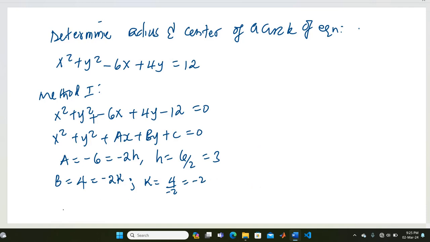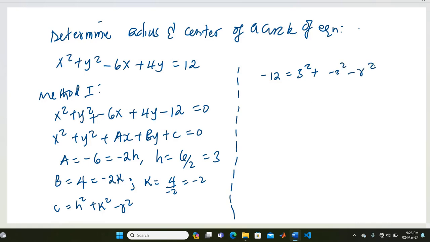What about c? We said c is equal to h squared plus k squared minus r squared. Now we already know c. Our c is negative 12. So I have negative 12 equals h squared, and we know h is 3, so 3 squared, plus k squared, which is negative 2 squared, minus r squared.